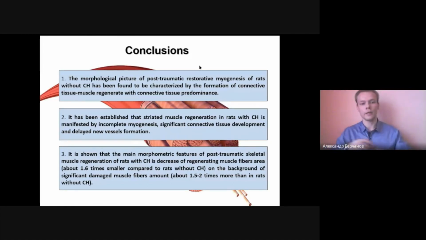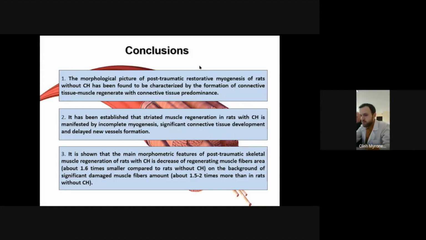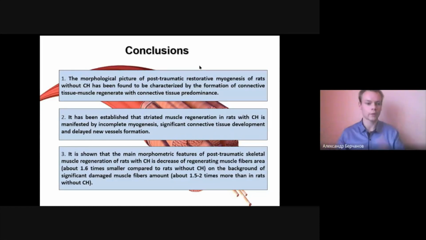Thus, the main structural manifestations of the skeletal muscle post-traumatic regeneration process in rats with chronic hyperglycemia are incomplete myogenesis, excessive connective tissue development, new vessel formation disorders, reduction of regenerating muscle fibers amount and areas, along with a significant increase of damaged muscle fibers numbers.